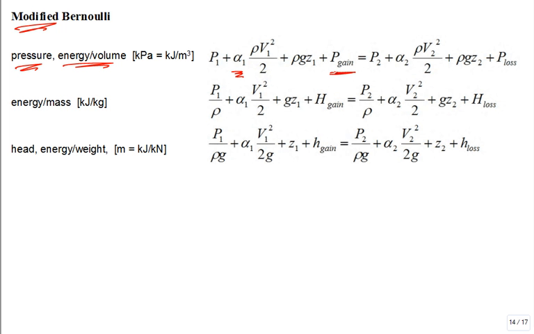Here's a pressure gain, or a delta P gain, due to something. And if you had a pressure loss, you could include it on that side as well. You could also express it not as a pressure gain, but as an energy per unit mass gain, or a head gain, or a pressure loss, or energy per unit mass loss, or a head loss. And so now we've modified these to account for gains and losses.